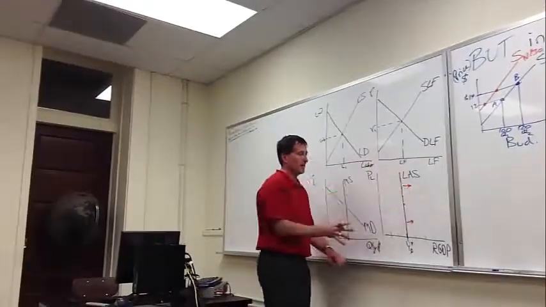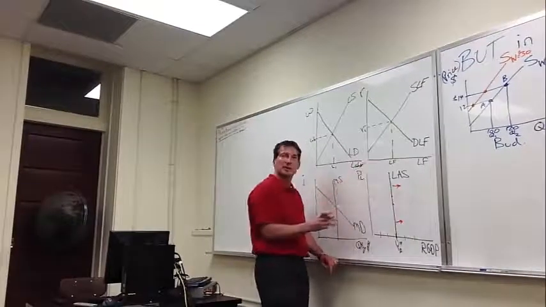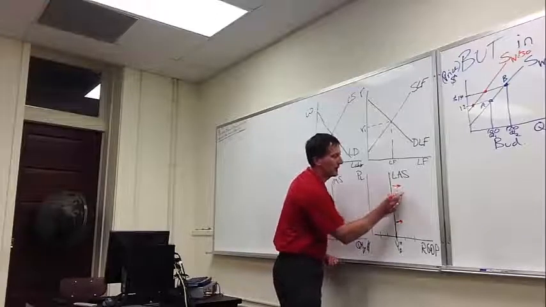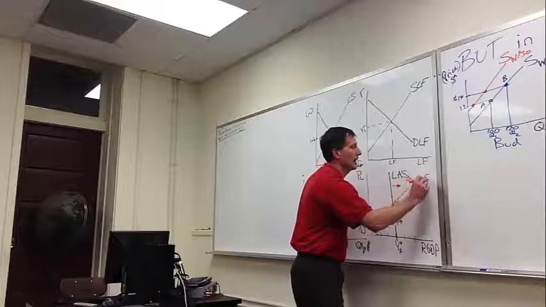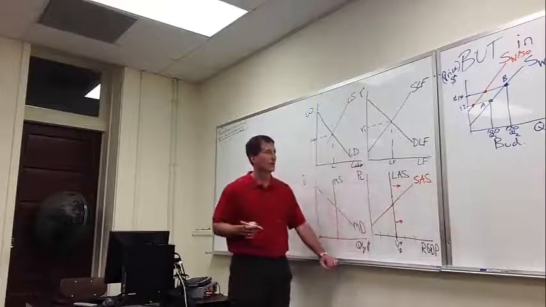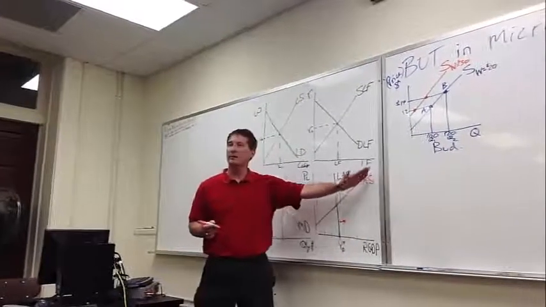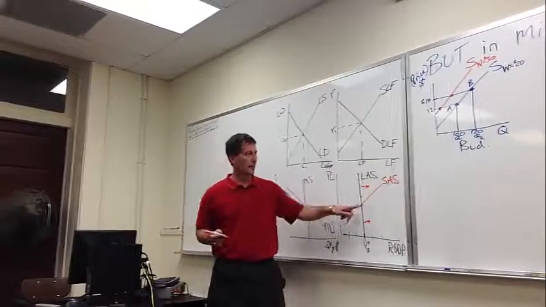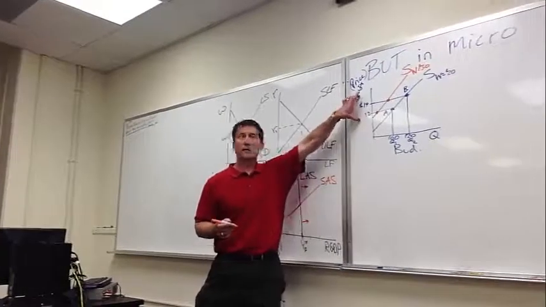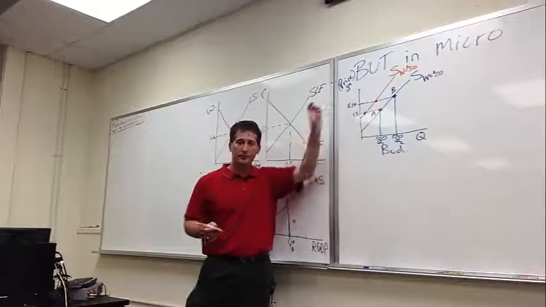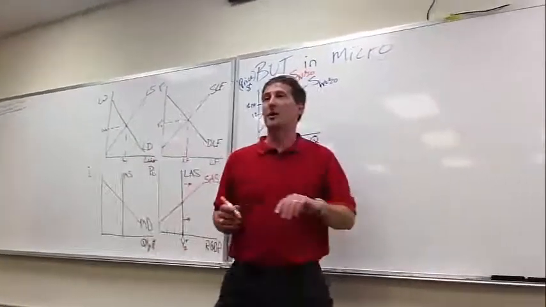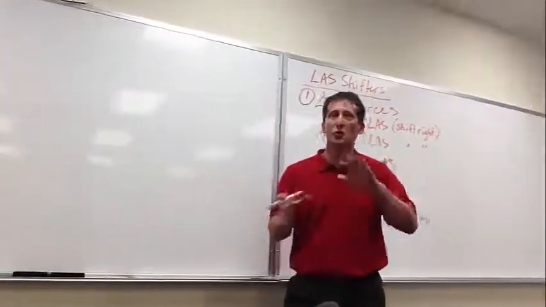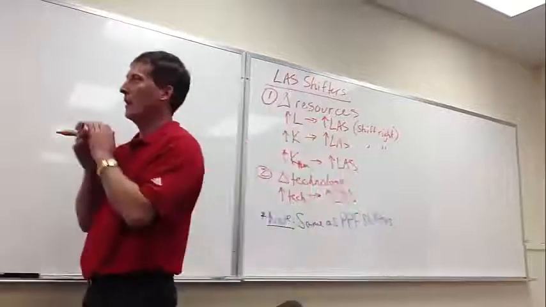So we're going to have a separation between the short-run supply and the long-run supply. The short-run supply curve, the SAS, could be upward sloping if we make this same assumption. Short-run aggregate supply. I'll write it out and define it in a moment. So short-run versus long-run.